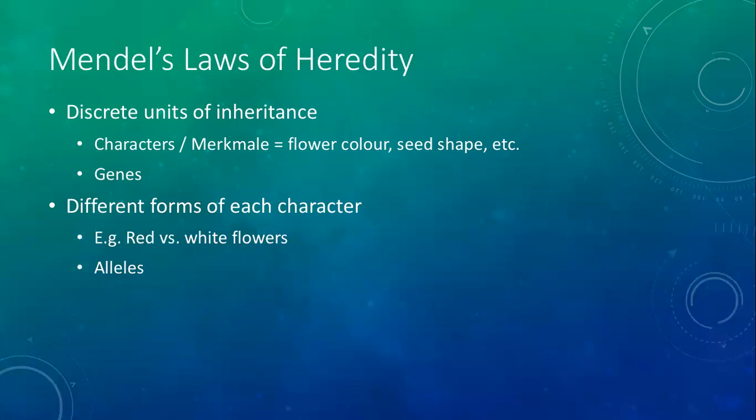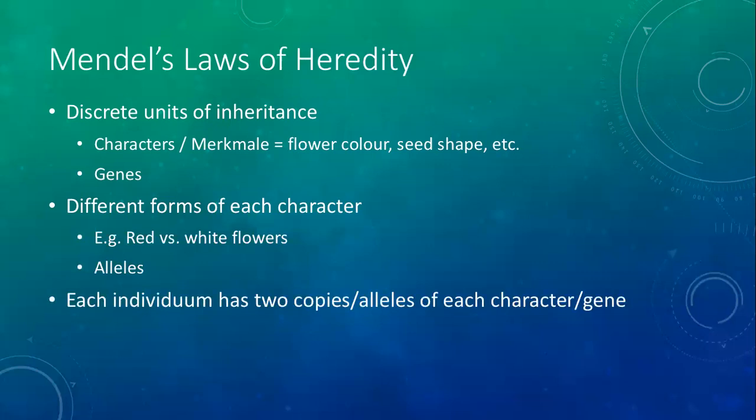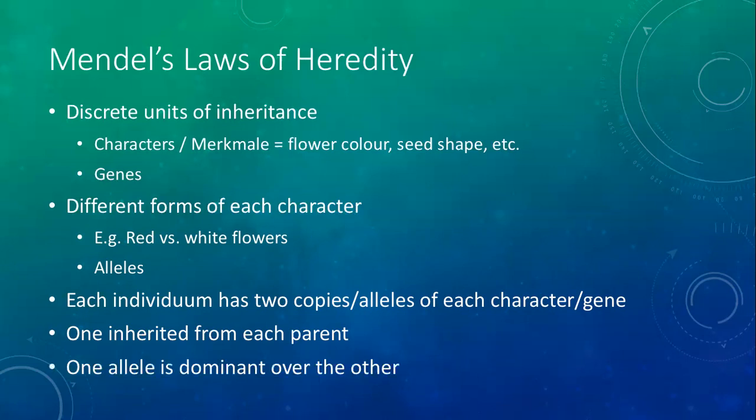And this is really the amazing part of his deduction: he deduced that each individual had to have 2 copies, or 2 alleles, of each character, of each gene. One of these alleles is inherited from the one parent, and the other is inherited from the other parent.